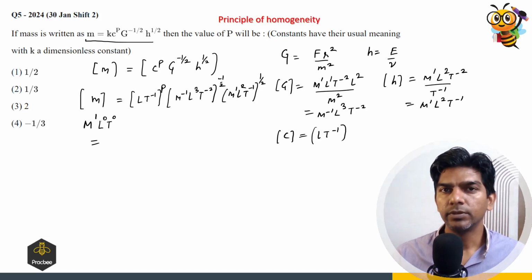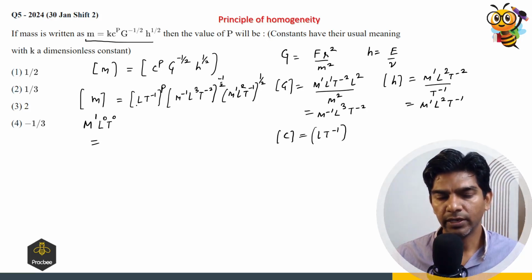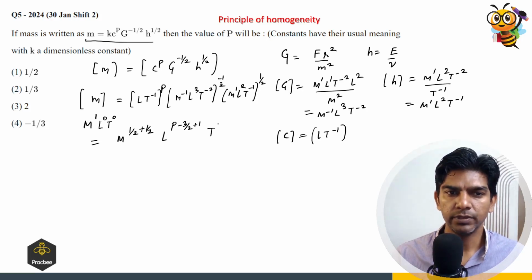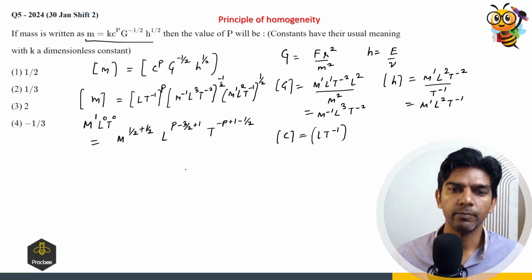Now let us club the exponents for length, time and mass on the right hand side. So we have M raised to power 1 by 2 plus 1 by 2. Then we have L raised to power P minus 3 by 2 plus 1. Then we have T raised to power minus P plus 1 minus 1 by 2.